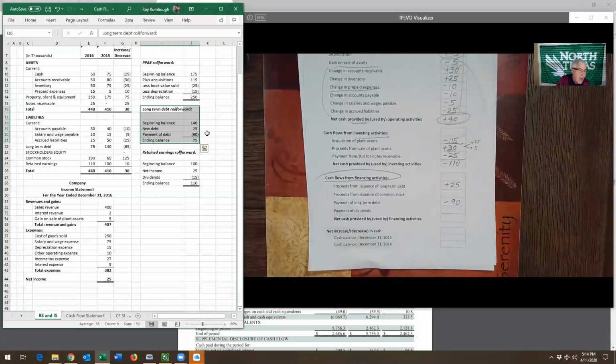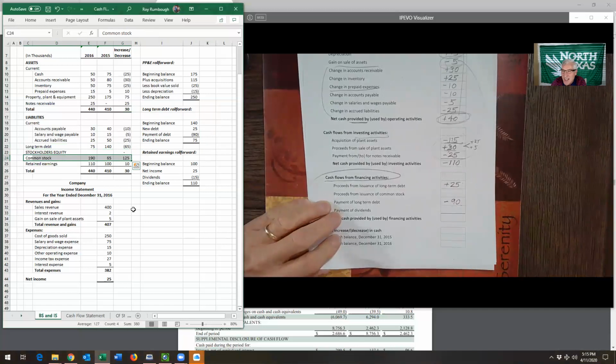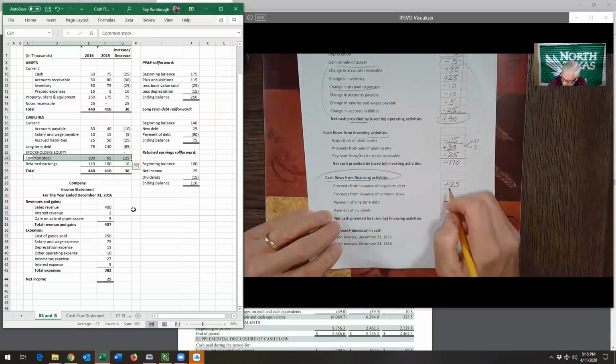All right, now let's look at equity. We're rolling this thing home. Oh, here's where they get their money. $125,000 increase in the common stock account. So they issued new shares of common stock, same direction, plus 125.